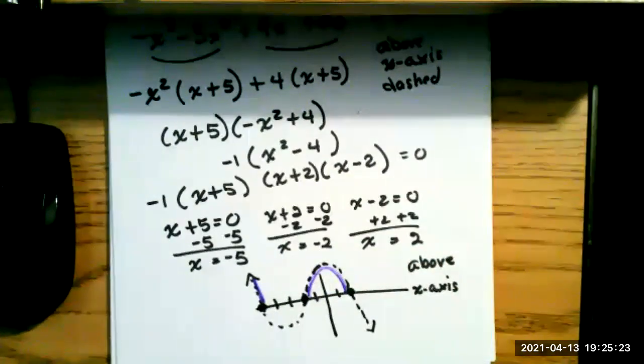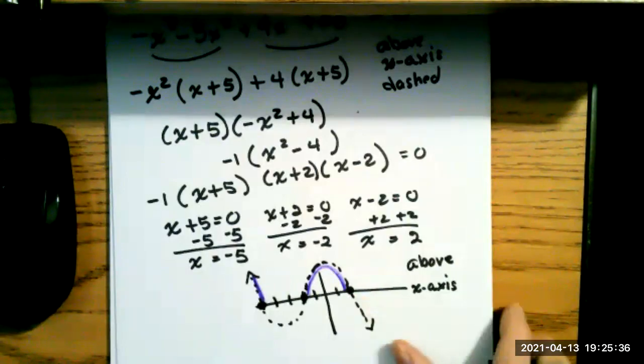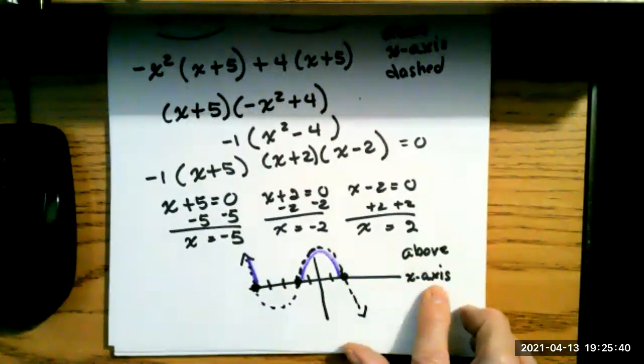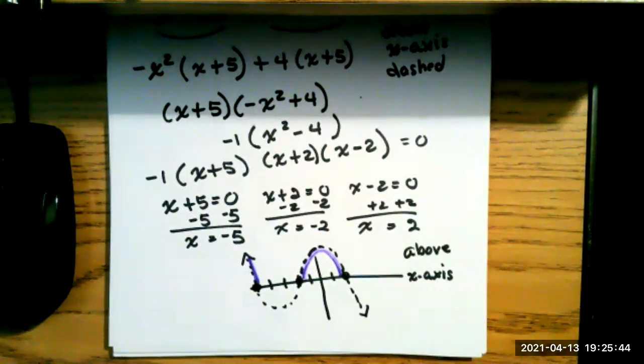Do you see that? The part that's purple there is above the x-axis. This one is below the x-axis, and this one down here is below the x-axis. So I want the part that's above the x-axis, and I have to put it in interval notation.